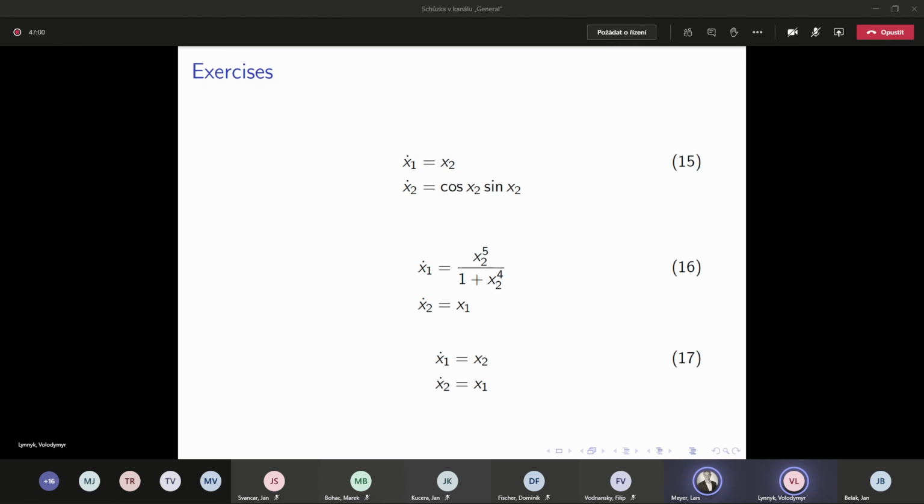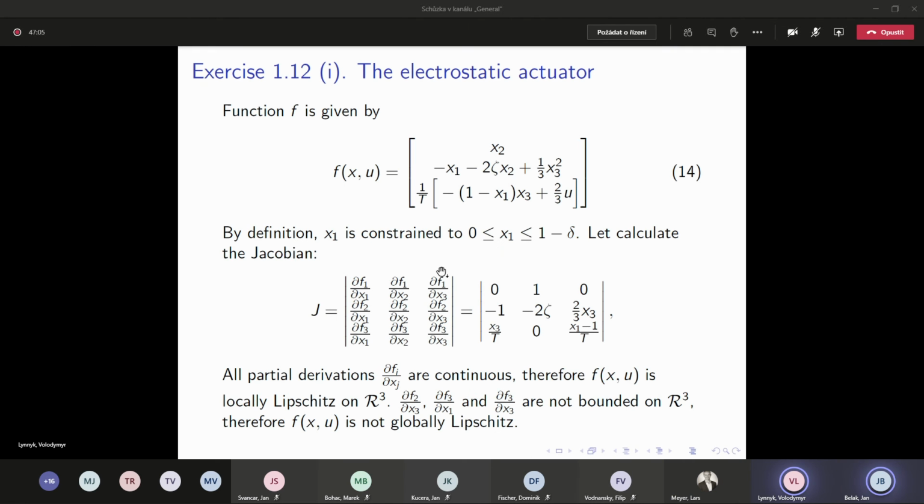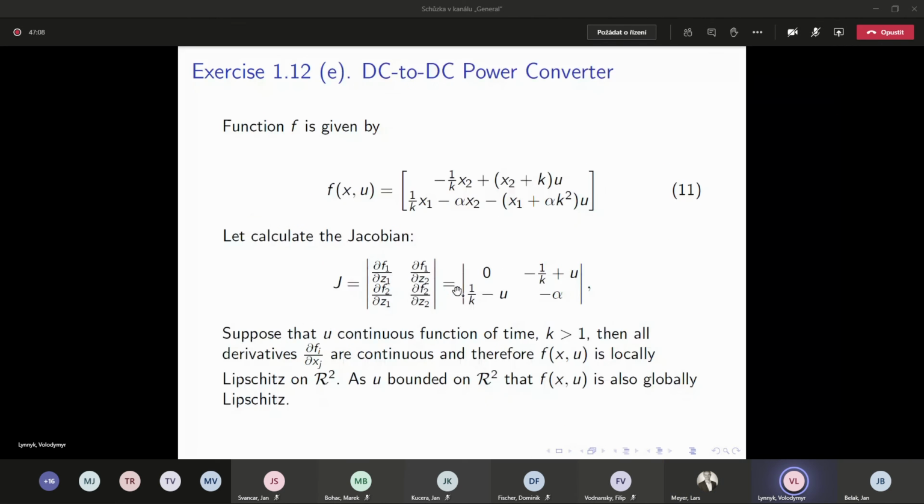Okay, you can calculate the Jacobian, and for the first term, here I show you, I think this first term is 0. The second term is x2 to the power 4 times 5 plus x2 to the power 4, divided by 1 plus x2 to the power 4, this term squared.